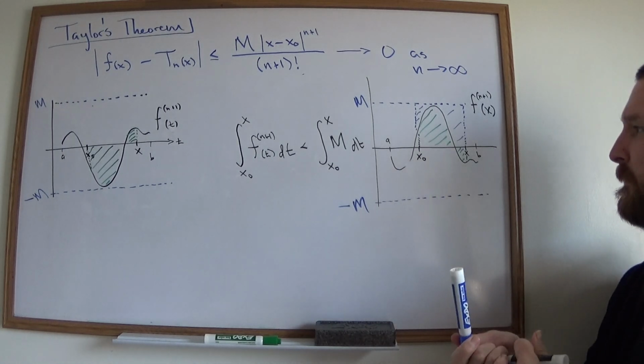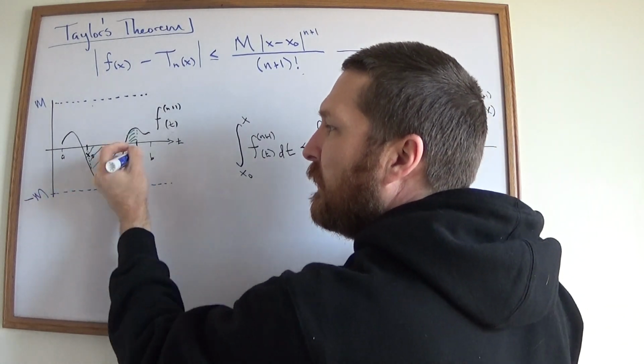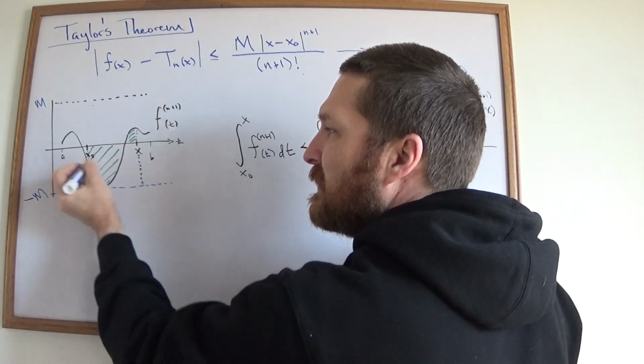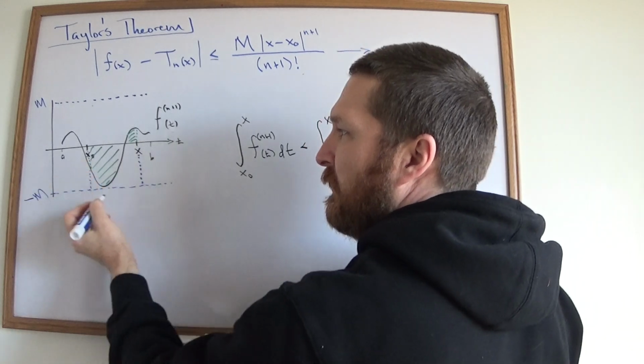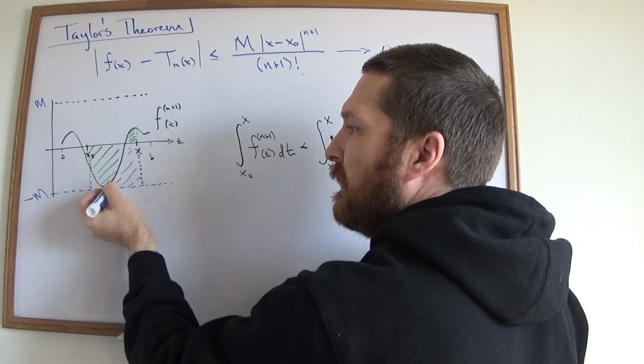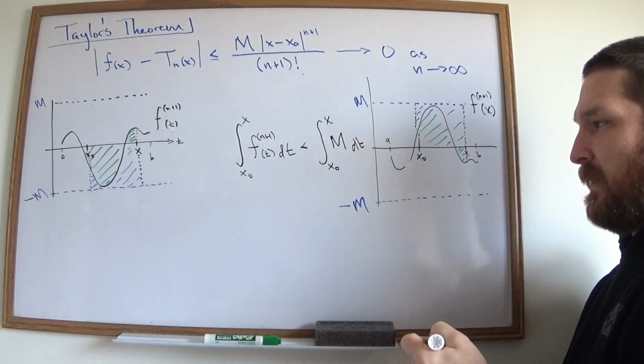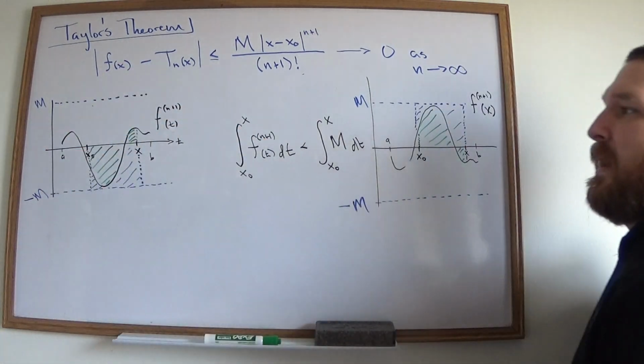And also, now that we're down here below the x-axis, this is negative area, and we could say that area is a lower bound for it.